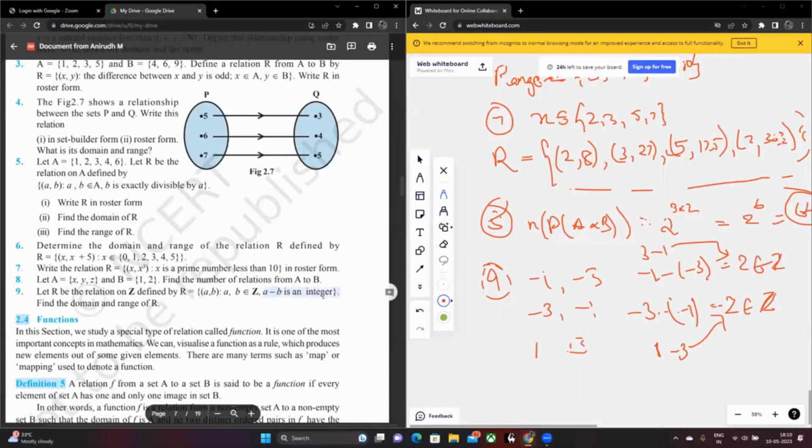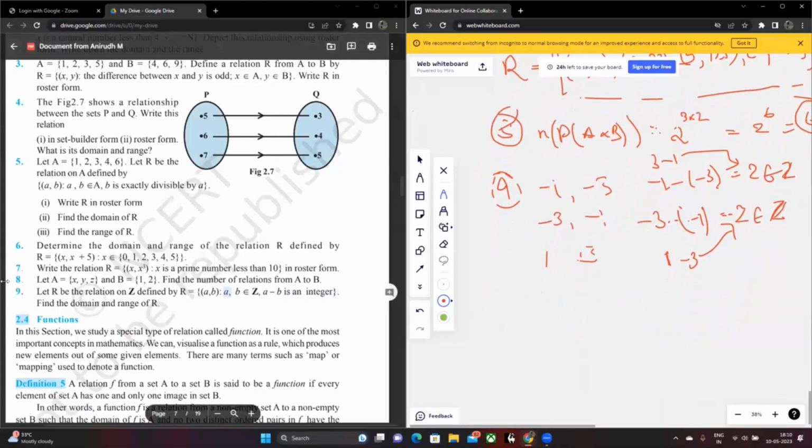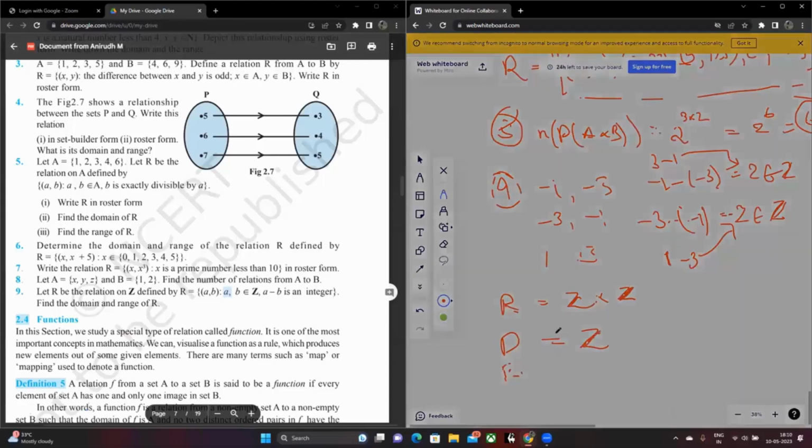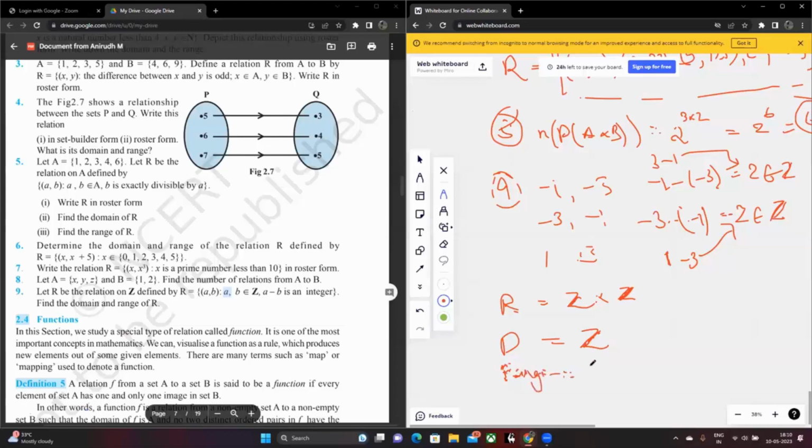So basically, a minus b is an integer means that for every a and b which belongs to Z, this holds true, right? So this relation R is the Cartesian product of the set of integers on itself. It is Z cross Z. So the domain is equal to the set of integers Z, and the range is also the set Z of integers.